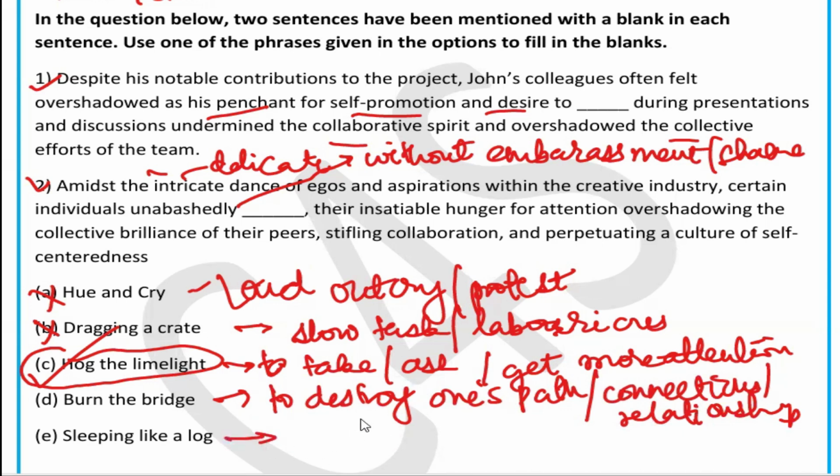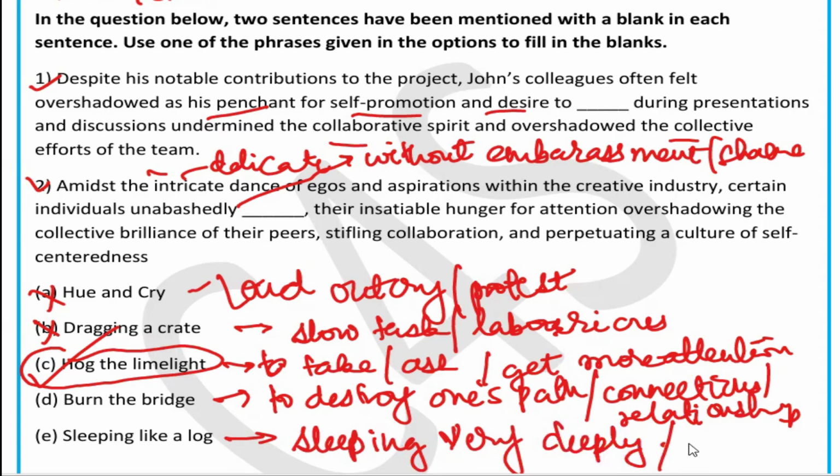Sleeping like a log: sleeping obviously means sona, and sleeping like a log means sleeping very deeply, in deep sleep or deep slumber. Slumber is also related to sleep. Okay, slumber is also used for sleep. So this is the meaning of this phrase.